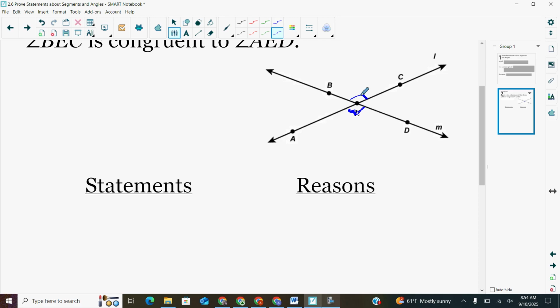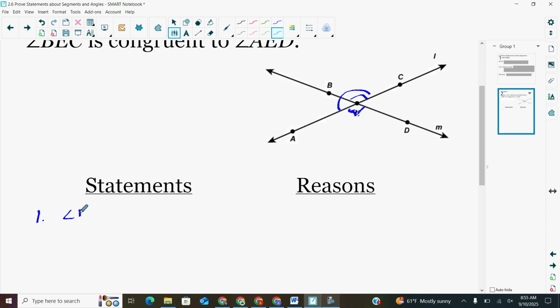Notice this angle here. I can also think about this entire angle, which uses AEB as well. And notice that's a linear pair, right? Let's start there.